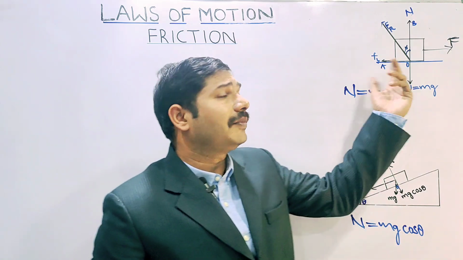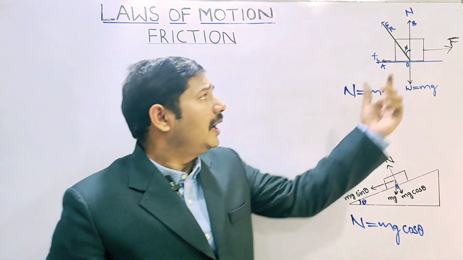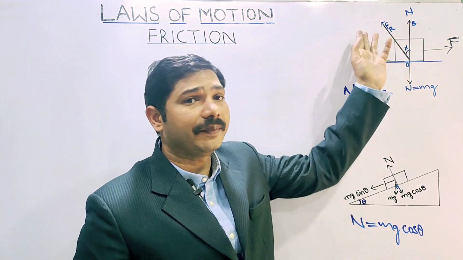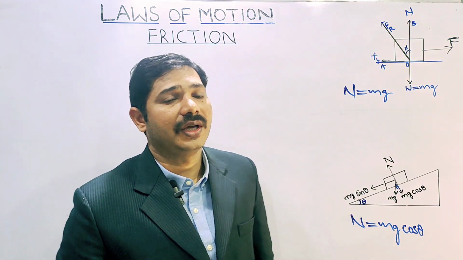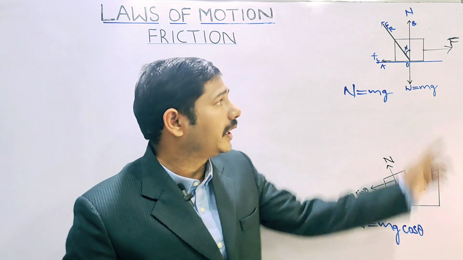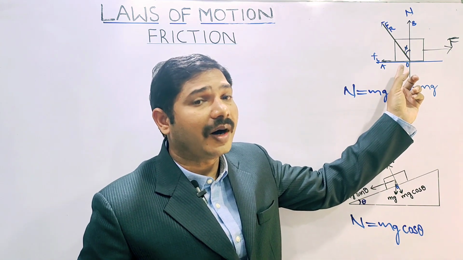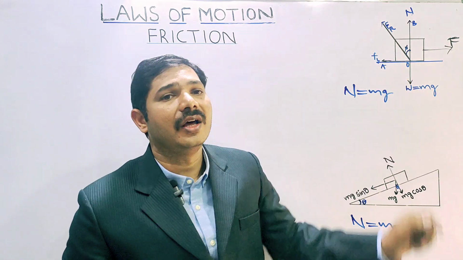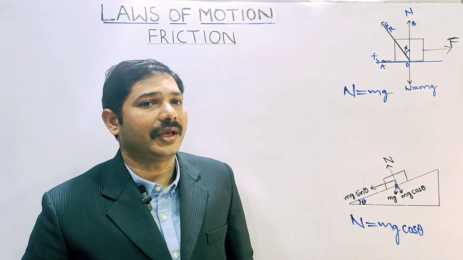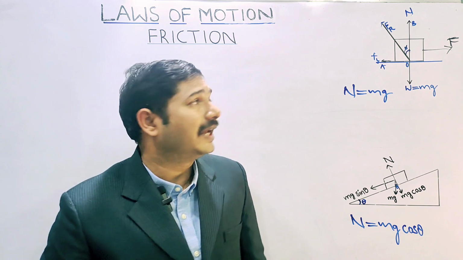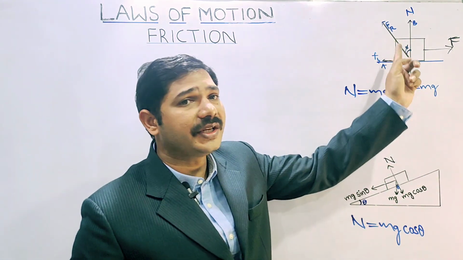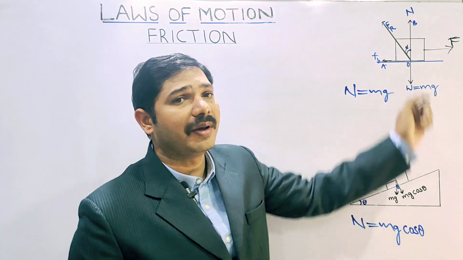So what I am doing is taking the resultant of the normal and frictional force, the resultant force FR. The resultant of normal and frictional force is called the resultant of frictional force. Observe here the angle between the normal and this resultant, which I take as the symbol phi.